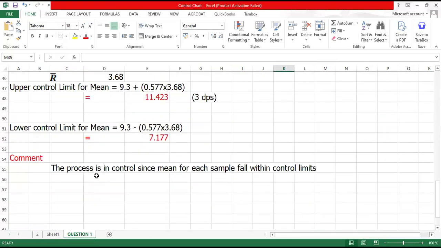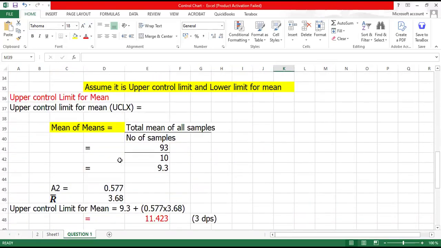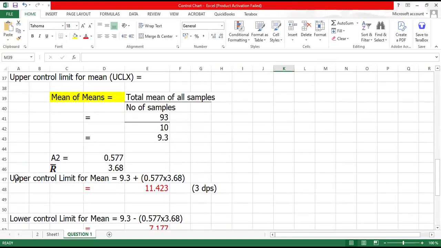So you substitute in the formula now. Here we are substituting in the formula for upper control limit for mean. Where you have X with 2 bars, you put 9.3.